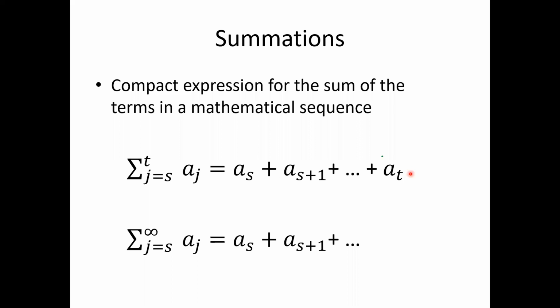So it's simply this sum of elements. For a summation, you define the beginning and end of the summation, and you are summing over all the sequence elements between these ranges. You can also have infinite summations. You don't say where it ends. This expression stands for the sum of all sequence elements starting from the s index to infinity. You're going to say, well, maybe this is an infinite thing, so it should be an infinite value. Well, not necessarily, because these values could be decreasing.